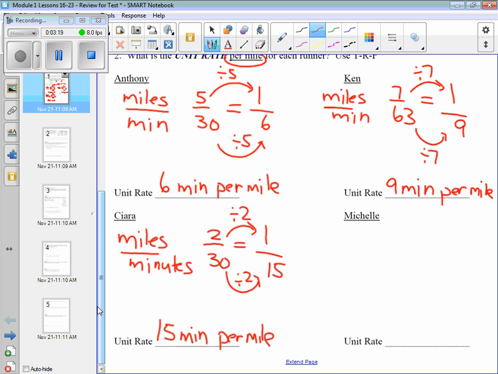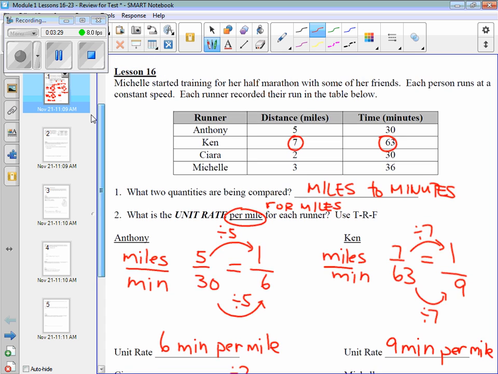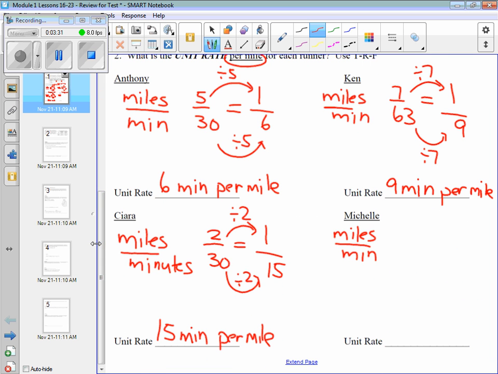Finally, Michelle. Miles over minutes. And again, we're getting this from the data table up top. That's a 3 to 36 ratio. Division factor of 3. And that's a 12-minute mile.